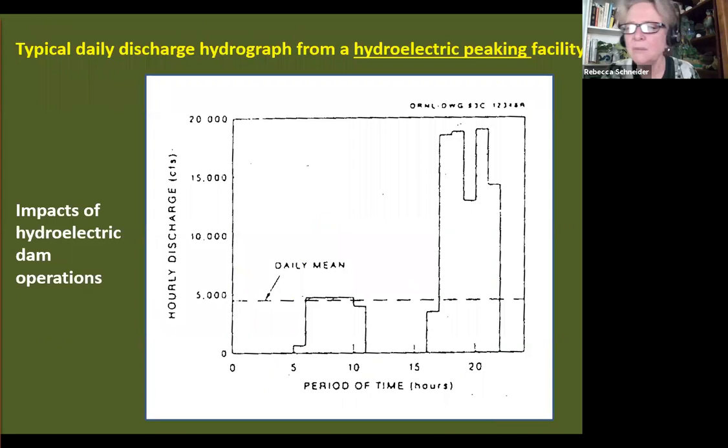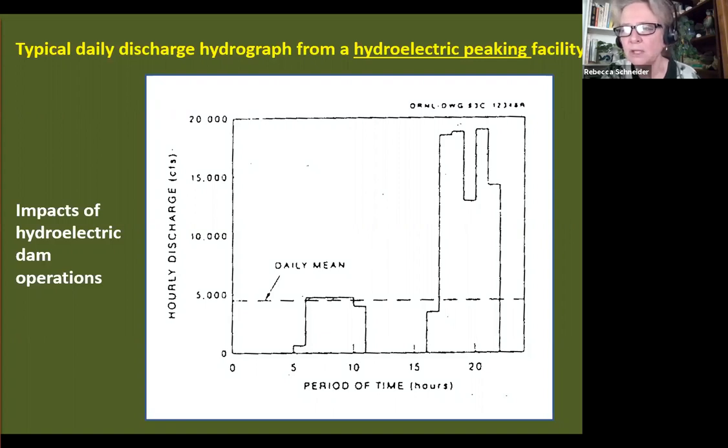A different kind of dam is a hydroelectric dam. And sometimes you have dams that do both of these things, flood control and generate hydroelectricity. This is the typical hydrograph of a hydroelectric dam. Now remember, hydroelectric dams are put in by engineers who are told to maximize how much energy, how much electricity, we can generate.